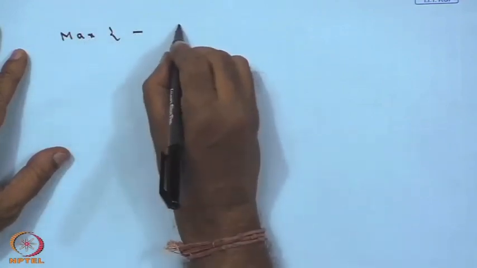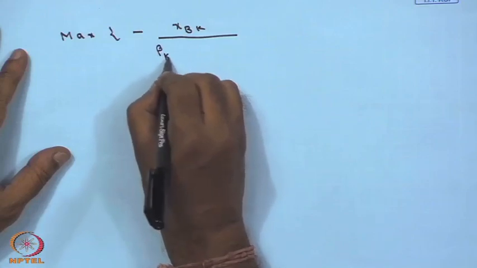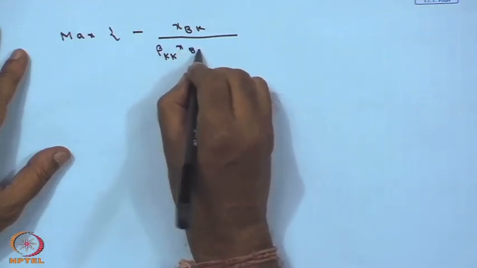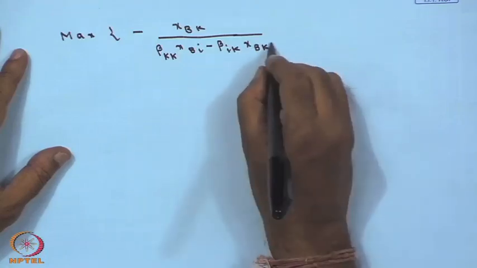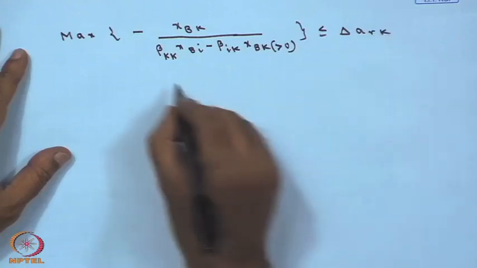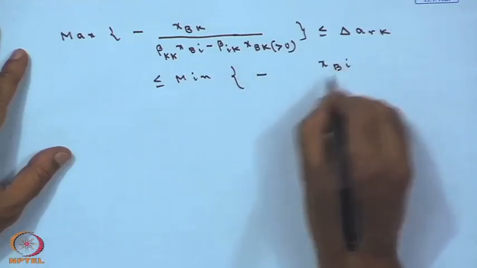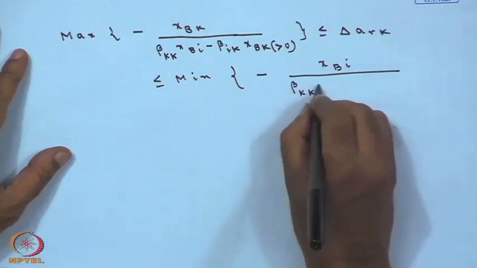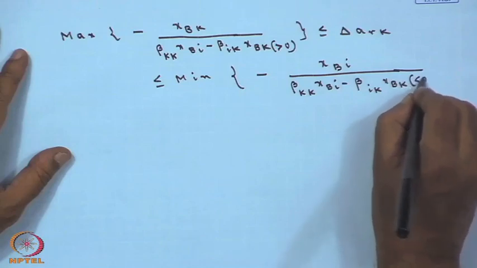From here you can directly find out, I am writing the range directly, which will be maximum of minus x b k by, after simple calculations, beta k k x b i minus beta i k into x b k, where this denominator should be greater than 0, less than or equal to delta a r k, less than or equal to the minimum of again this one, minus x b i by beta k k into x b i minus beta i k into x b k, and this denominator should be less than 0.